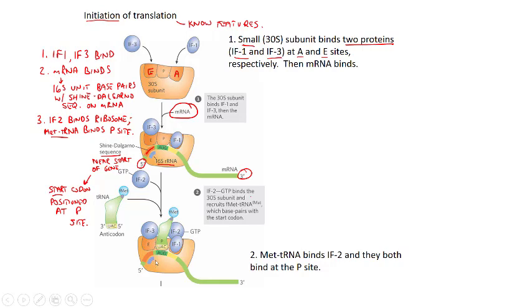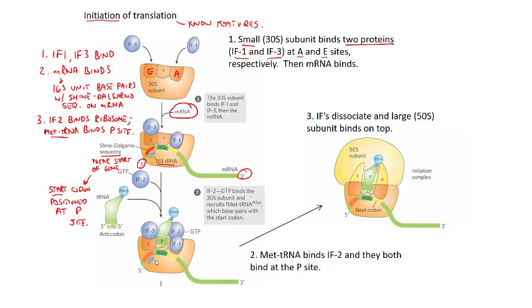All right, so once we have done that, what happens next? Well, we only have half of a ribosome. So what's going to happen in the fourth step is that the IFs dissociate, and this is a GTP-dependent process, so I'm giving you guys sort of the short version. And the large subunit binds. So what are we left with now? We have what's called an initiation complex.